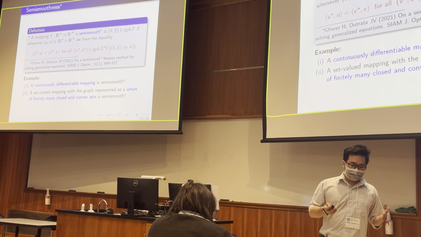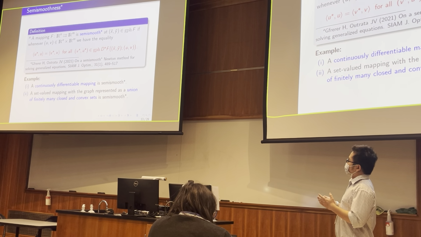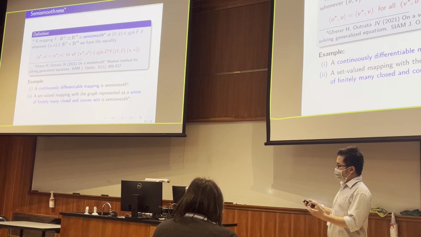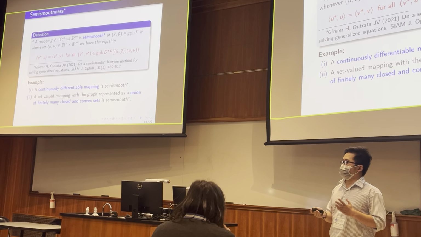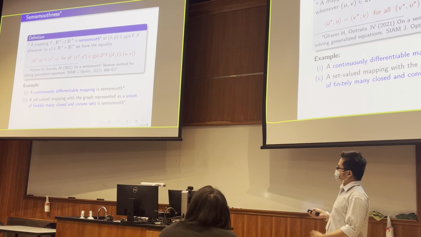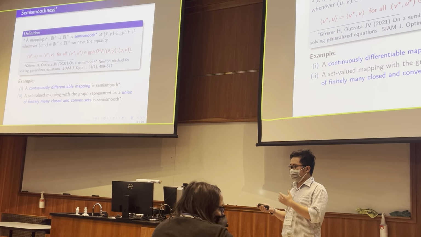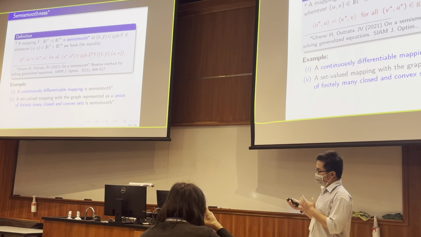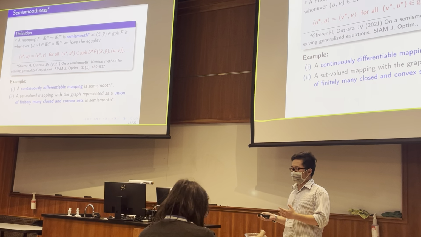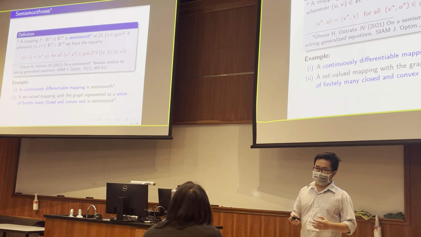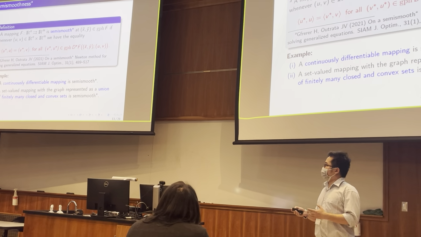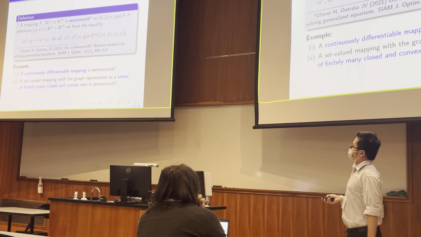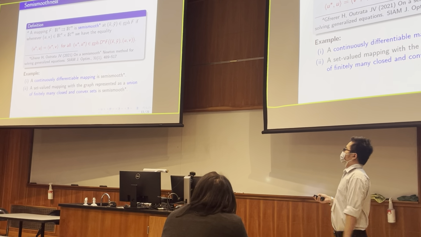The class of set-valued mappings satisfying this property is very large, and it is easy to satisfy in a lot of situations. The usual semismooth mapping is defined only for locally single-valued mappings, but semismooth star is defined for set-valued mappings, not just locally single-valued ones. It is a very crucial notion.